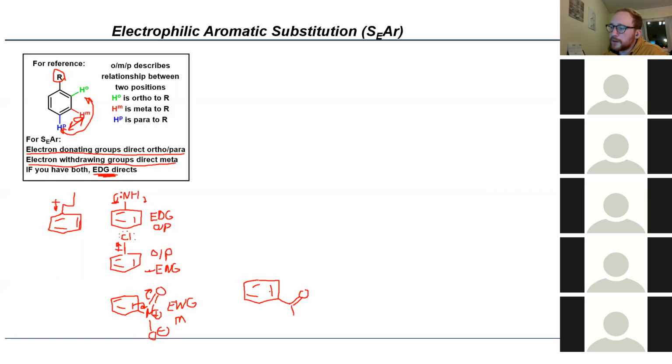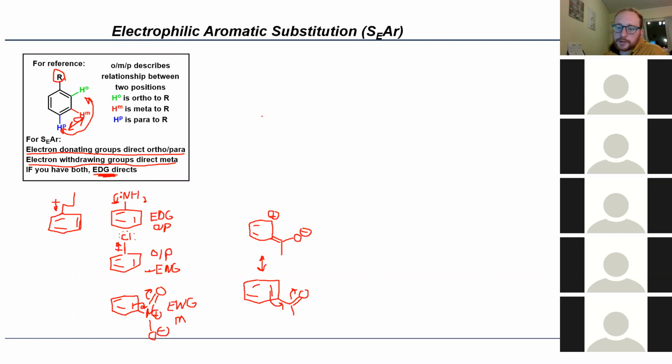You can imagine them accepting electron density from the ring in a resonance structure that looks like this. And so in that way, it's drawing electron density out of the ring.